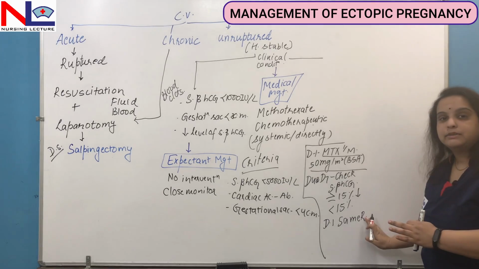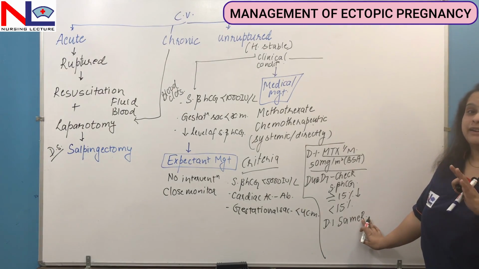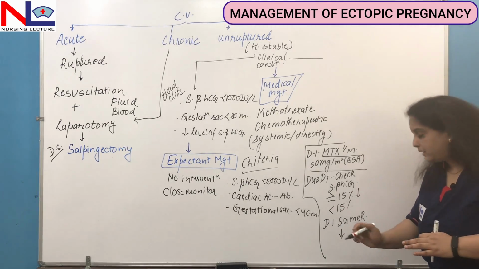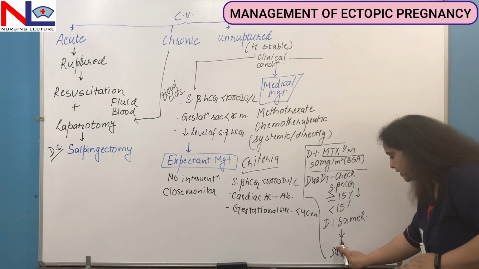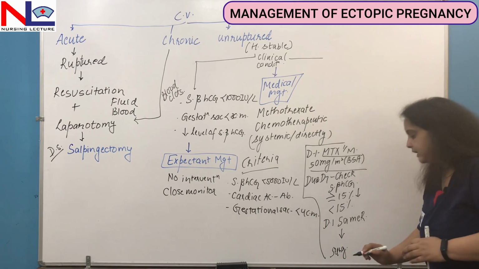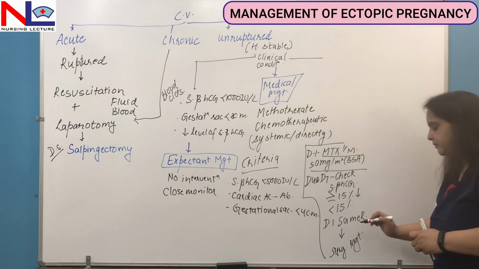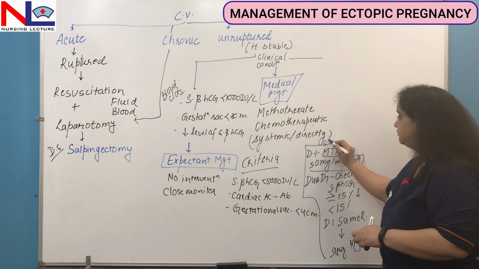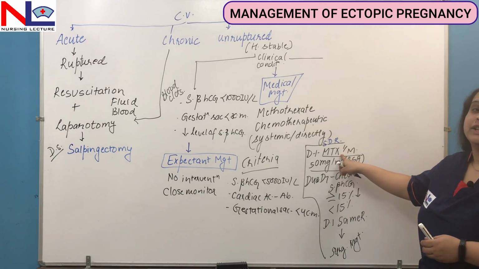We just stop this medical management, because now we confirm that it is not working, and go with the surgical management. This is the only choice. So this is called the single dose regime, because here we are giving only a single dose of methotrexate.